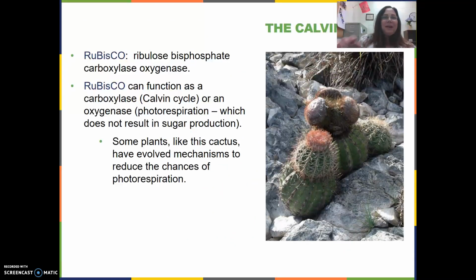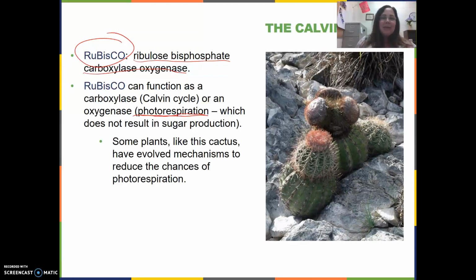All right, Rubisco, the name is actually ribulose bisphosphate carboxylase oxygenase. So we will call it Rubisco. It can function as a carboxylase in the Calvin cycle or an oxygenase, which carries out a reaction called photorespiration, which is like a wasteful reaction. It doesn't result in the production of sugar.